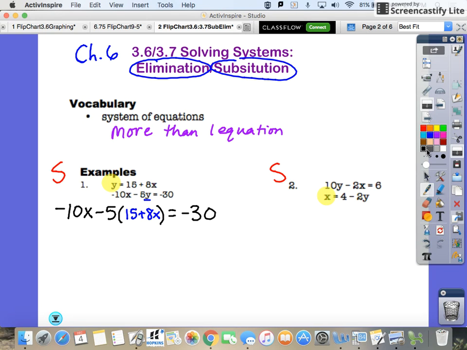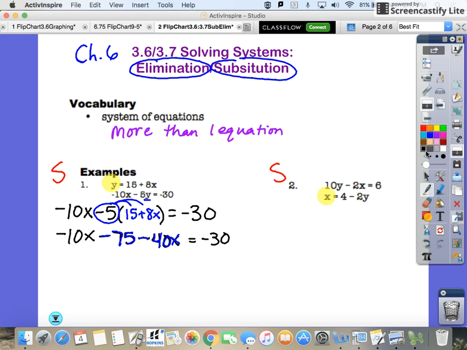Then we can simplify. So we'll get negative 10x minus 75 minus 40x equals negative 30. Just to be clear what happened here, I took negative 5 and distributed, and we got negative 75 minus 40x.